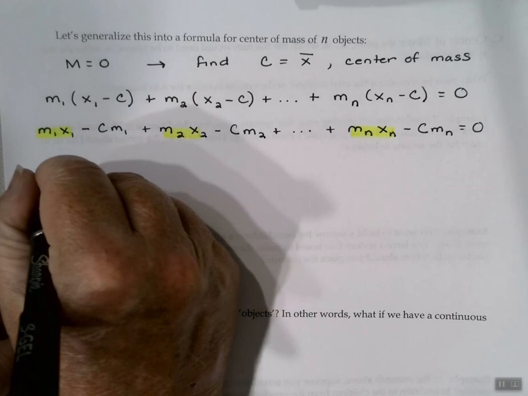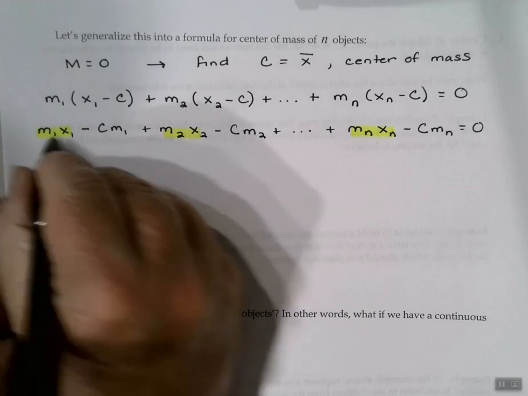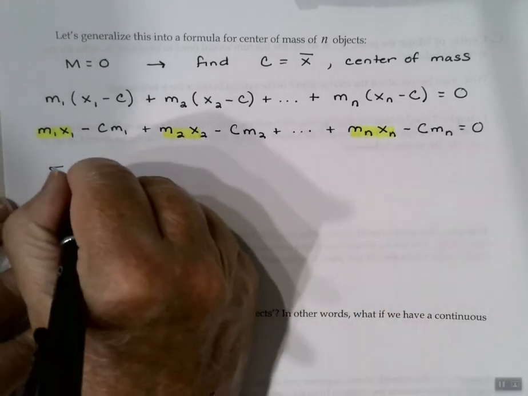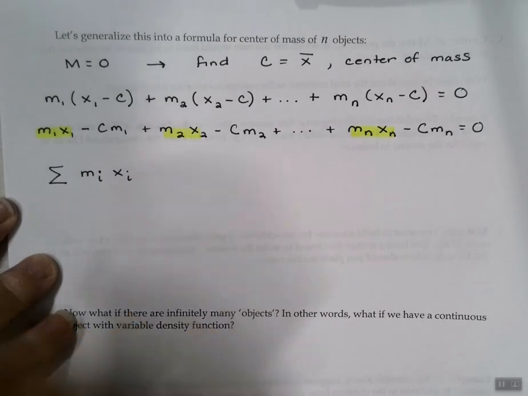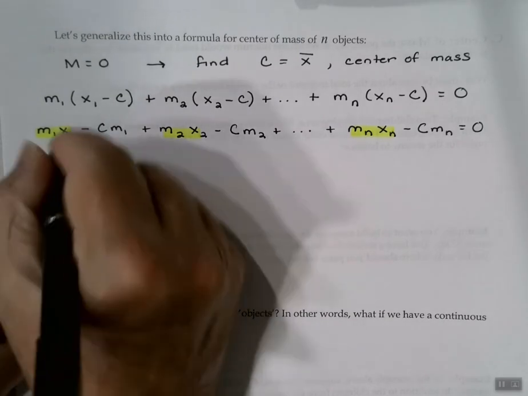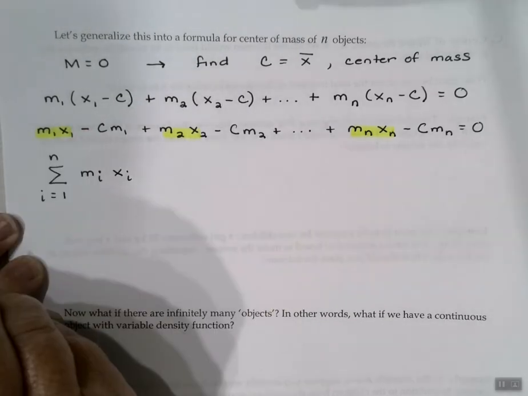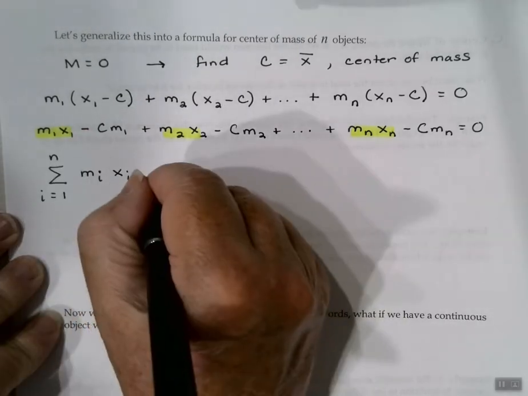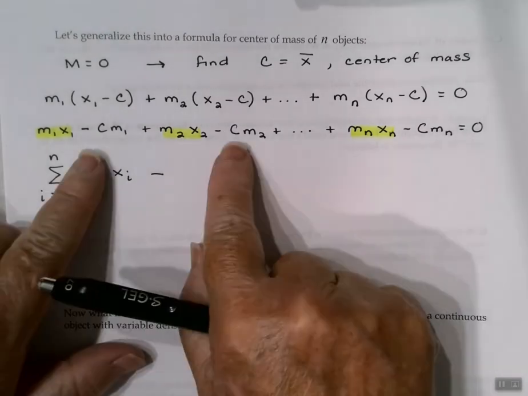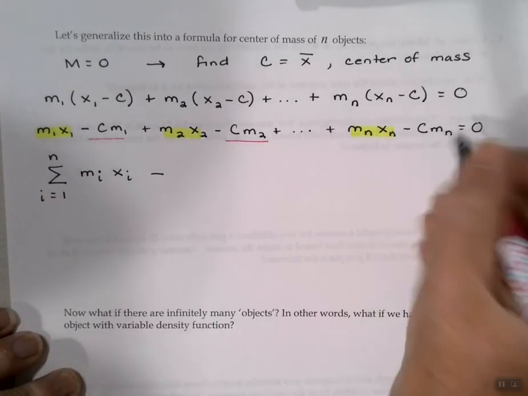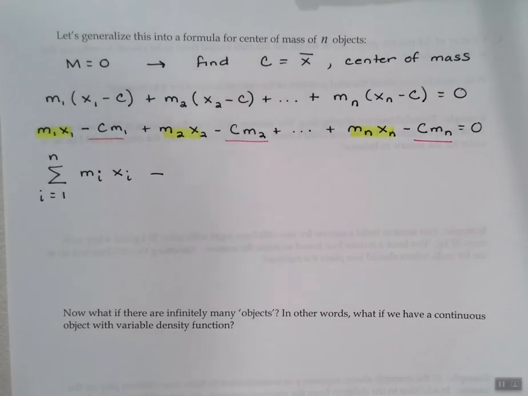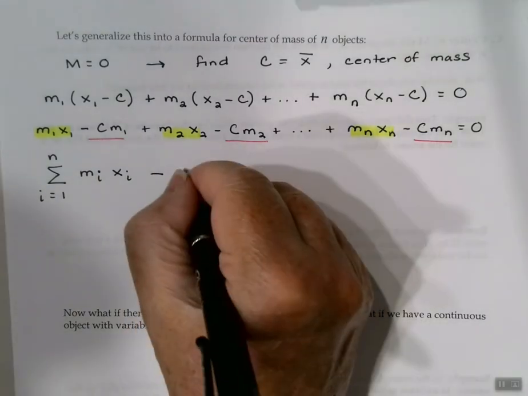I would have the sum of m times x for each one, so mi xi, as i goes from 1 to n. And then I'd have minus, all of the rest of these terms all contain a c. This is where I want to factor. So I'm going to factor the c out of the rest of these.